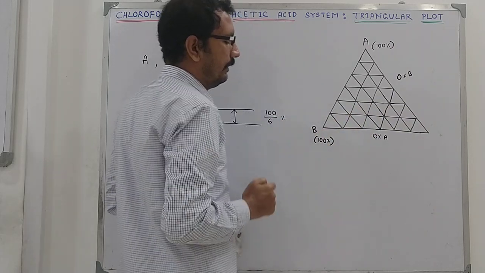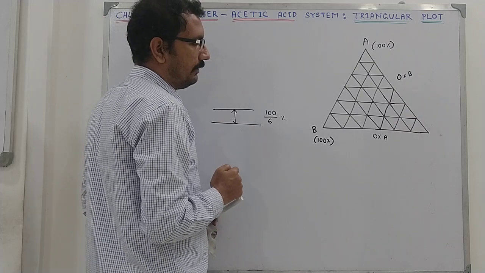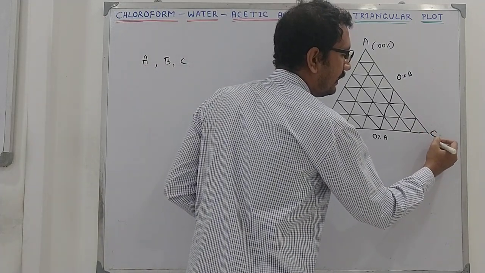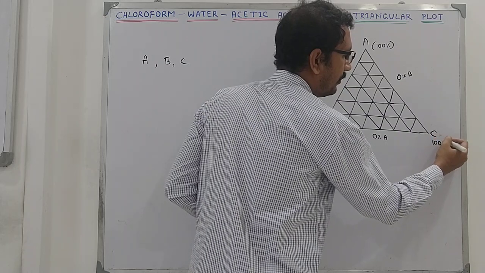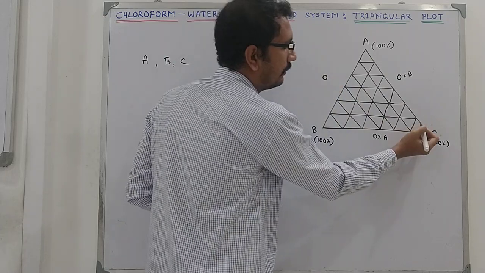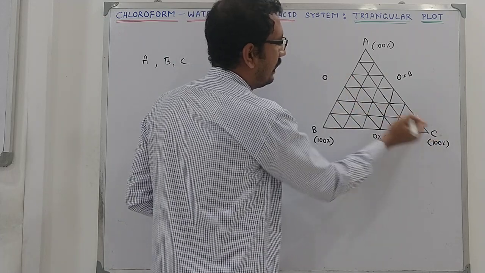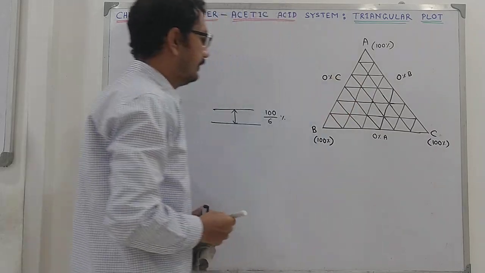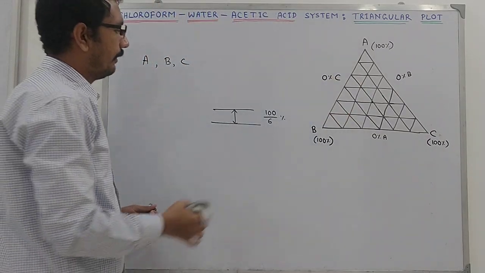So you get here 100%, that is pure B. Again you consider it as C, it is pure 100% and the baseline, the opposite line of this apex, here you have 0% C.